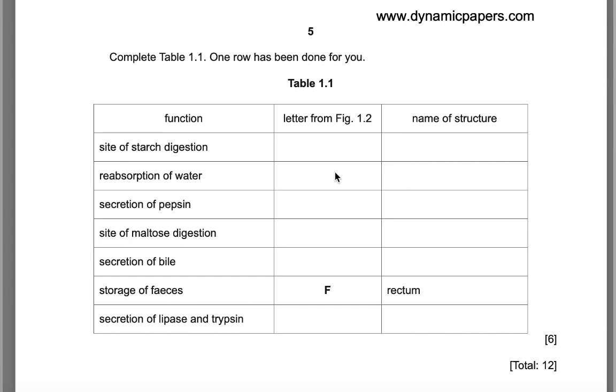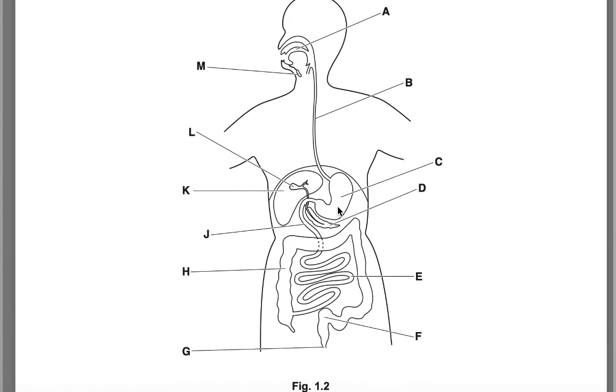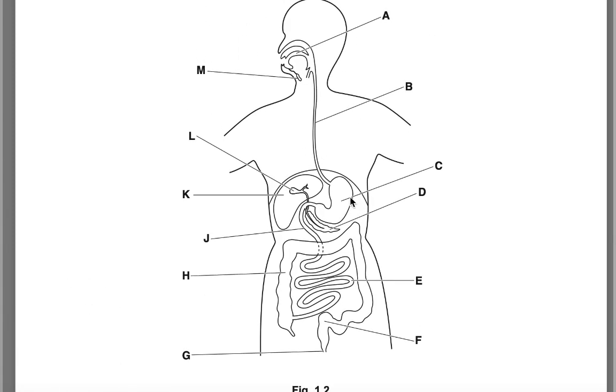Now let's look at the diagram. Which organ is capable of secreting pepsin? Pepsin is in the stomach, right? Although trypsin is in the beginning of the small intestine, pepsin is secreted in the stomach. Remember, the digestive juice and the pepsin are secreted in the stomach for the digestion of protein.